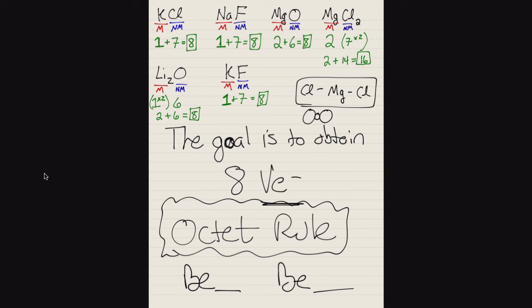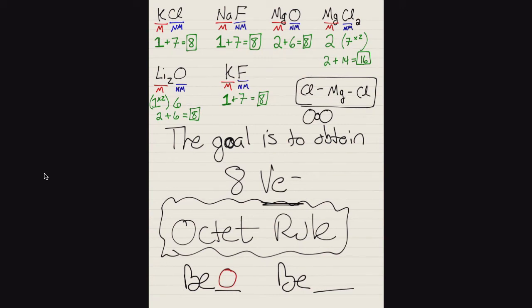So Be has how many valence electrons is the first question. It has 2. So you need something that has how much? 6 to get to that total of 8. Okay, so oxygen is a great one. I could put oxygen with Be, and that would be beryllium oxide. That would be a proper substance. What else? Yeah.